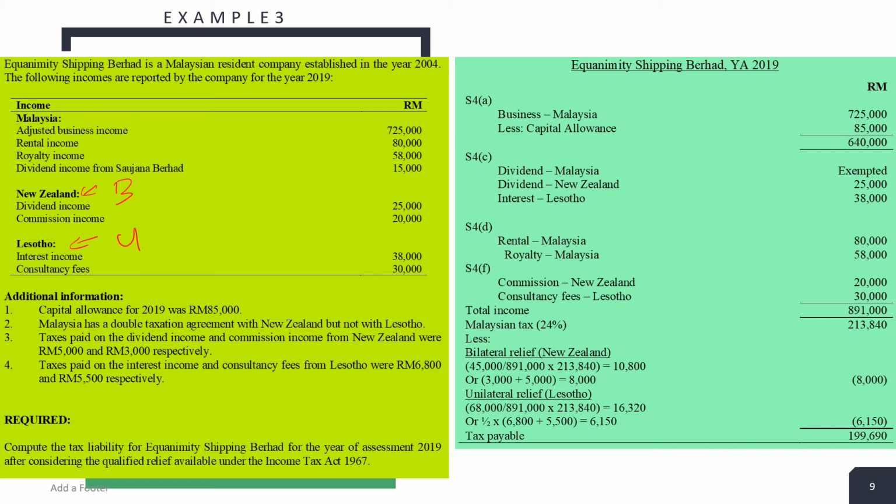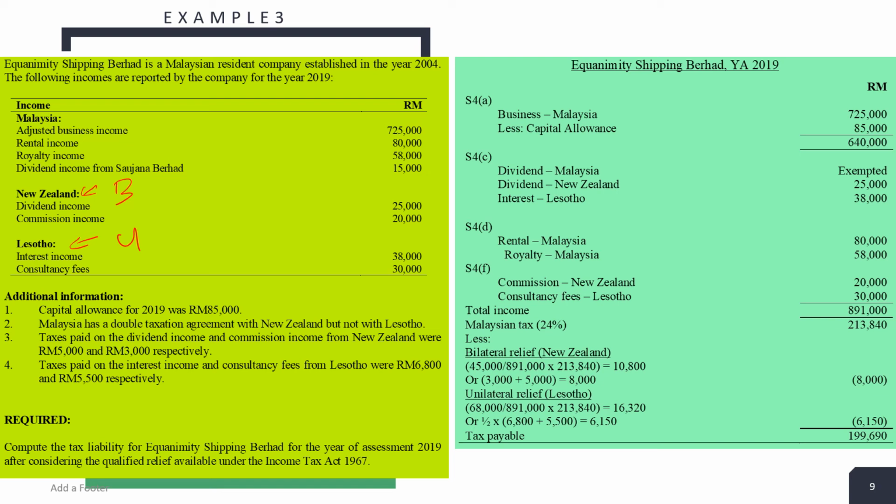And then interest from Lesotho also you need to report. Section 4D, rental income and royalty from Malaysia. Section 4F consists of commission from New Zealand and consultancy fees from Lesotho. So now we get total income of 891,000, and then we apply Malaysian tax 24%.